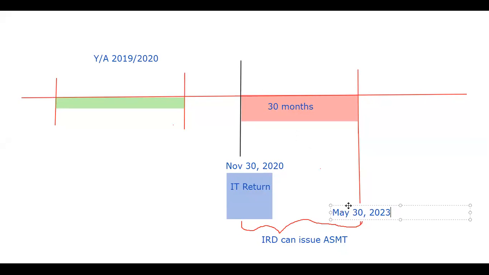November 30th, 2020. November 30th, 2021 is 1 year. November 30th, 2022 is 2 years. Then the 6 months is May 30th, 2023. Yes, this is correct, right? May 30th, 2023. After that, IRD cannot issue an assessment.